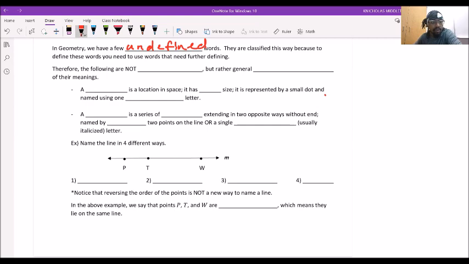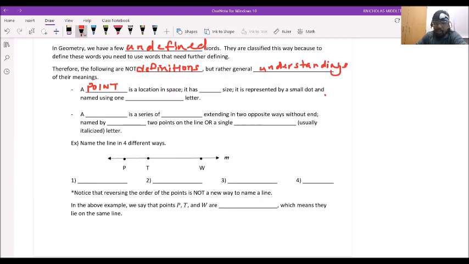And so, therefore, the following are not definitions, but rather general understandings of their meanings. So, here are the terms. First, a point is a location in space.